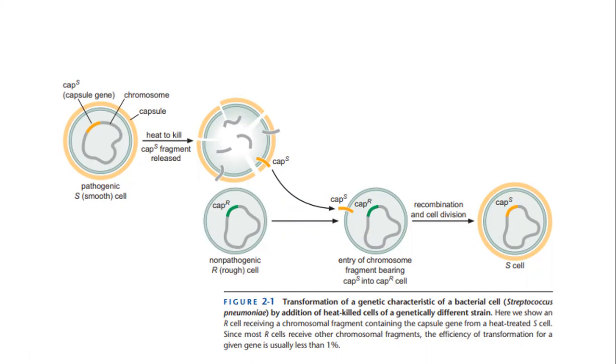So there are two strains: the smooth strain, which is pathogenic due to the presence of a capsule encoded by the allele Cap-S, and the rough strain, which is non-pathogenic and devoid of any capacity for pathogenesis, lacking a capsule due to the presence of the allele Cap-R. When the smooth cells, the pathogenic strains of Streptococcus pneumoniae, are heat killed, their capsular covering is damaged.